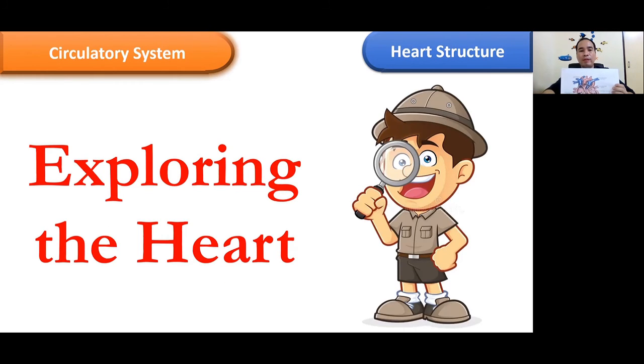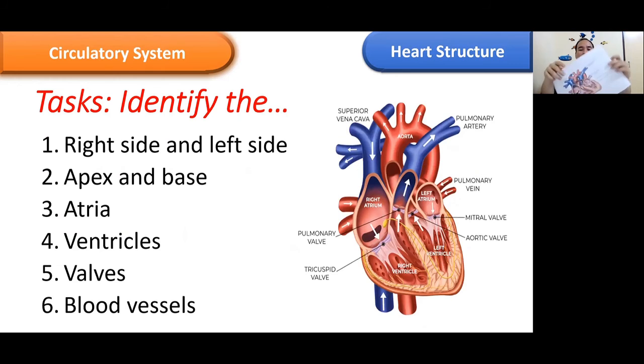Also, I will be giving you a photocopy of the task, because as we explore the heart using the 2D and the 3D models, I want you to identify number 1, number 2, number 3, number 4, number 5, and number 6. This will be like your guide as you explore the different models of the heart in 2D and 3D version. Okay, are you ready, M2?